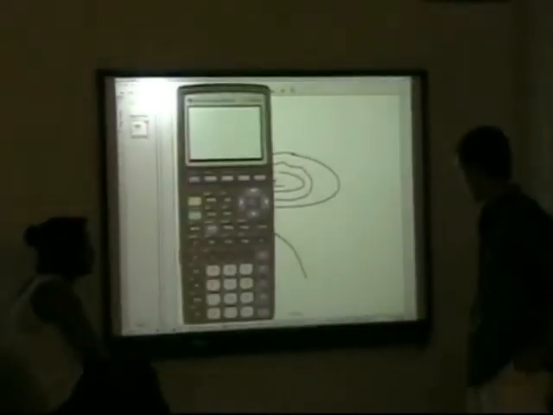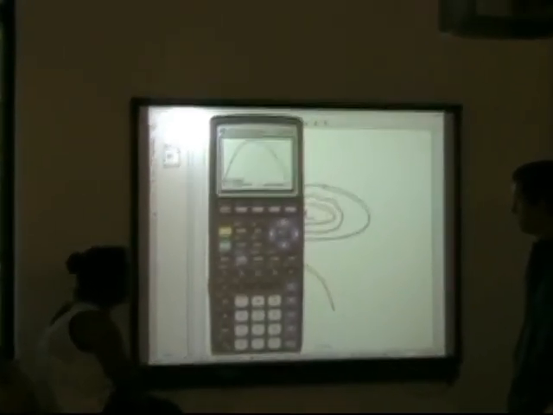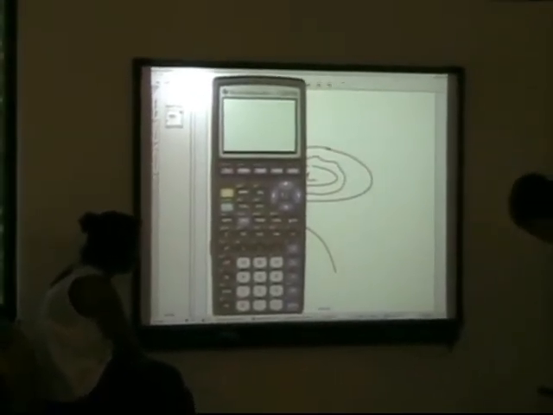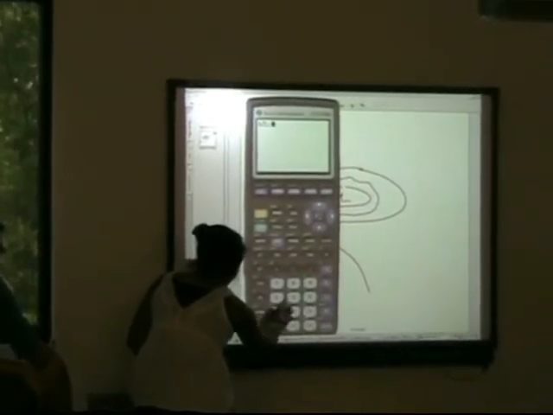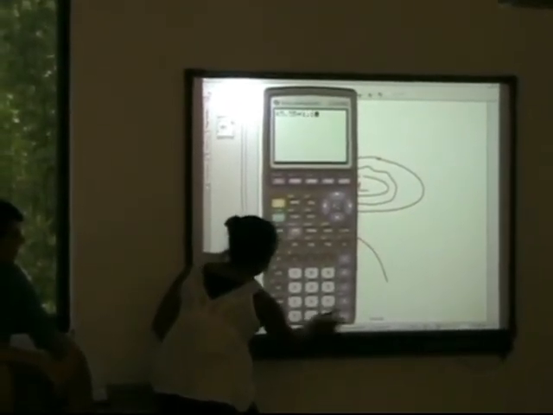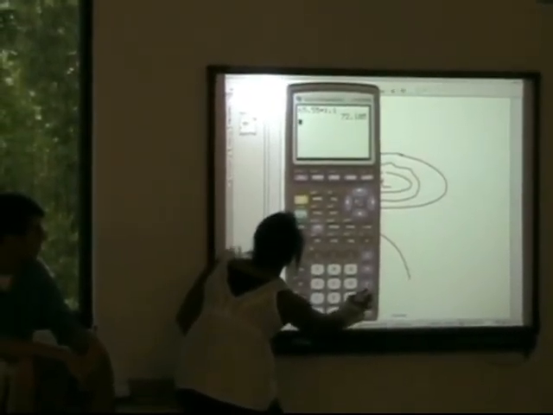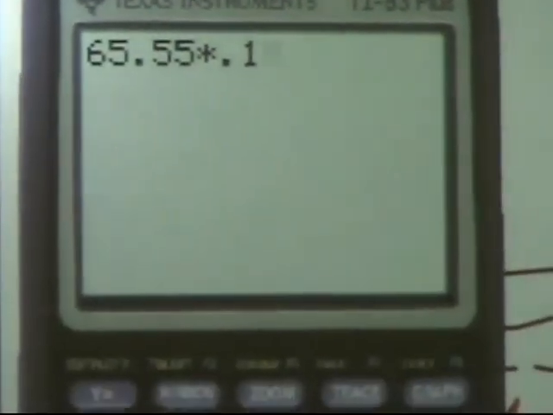Hold on. So it's going to be less dense by a factor of about 1.1. 65. That's more dense. That's false. Yeah, it would still float.